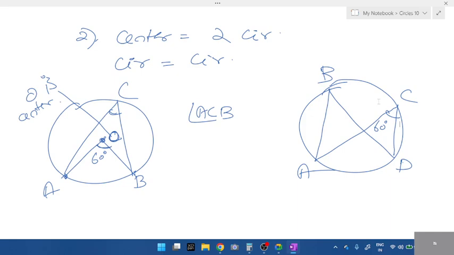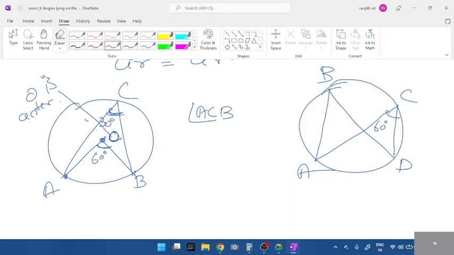First one, what did you get? I want all of you to answer. See, without writing statement, if the angle formed in the center is 60, on the circumference, yes, half of it. Very good.